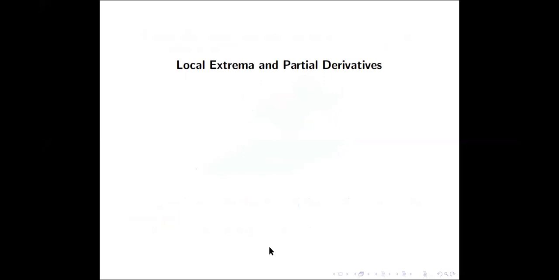So we have the following result. Let f of AB be a local extremum for the function f. By the way, when we say extremum, we mean either a minimum or a maximum.